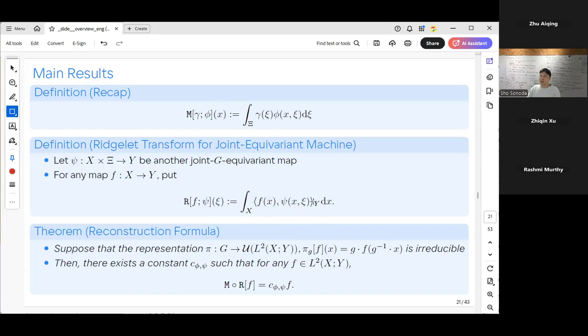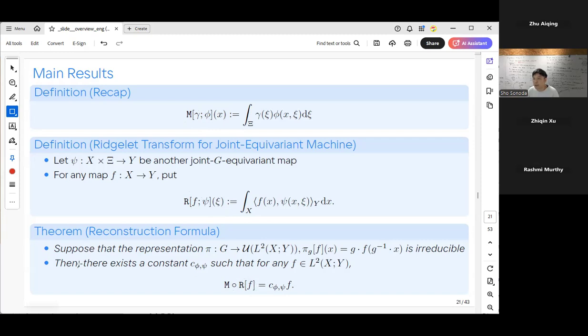This is the definition of the Ridgelet transform. And this first item is the only assumption we need to verify. As long as this assumption holds, we can say that this Ridgelet transform is an inverse transform for the joint equivariant machine.